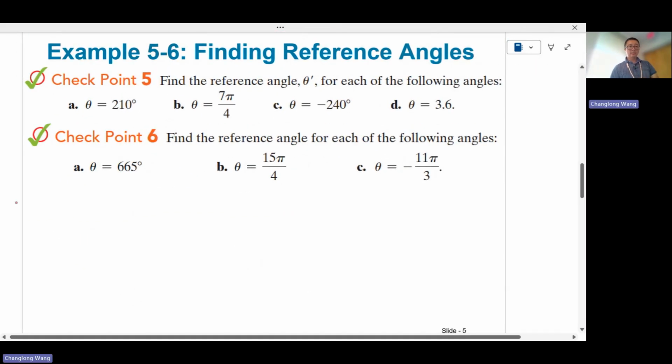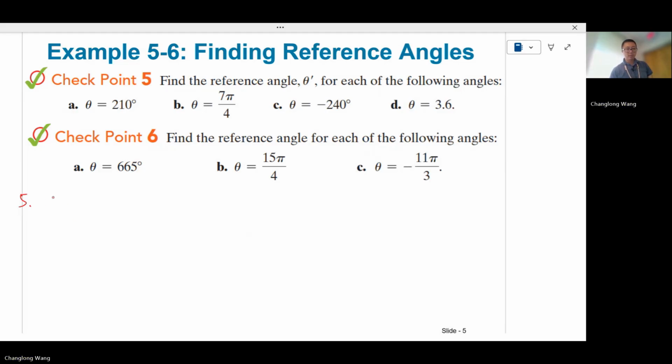And again, let's not use those complicated situations, just think about what you can do to get yourself a reference angle. So say in letter A, don't draw it. You could, but think through the process. I have a 210, right? So I'm finding the difference between this guy and 180.